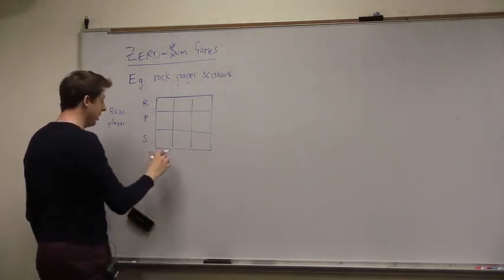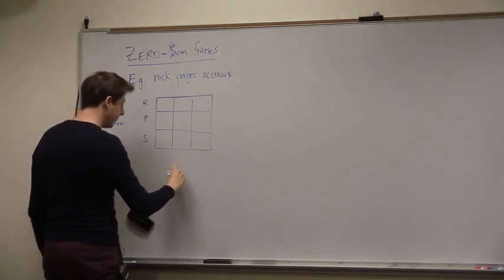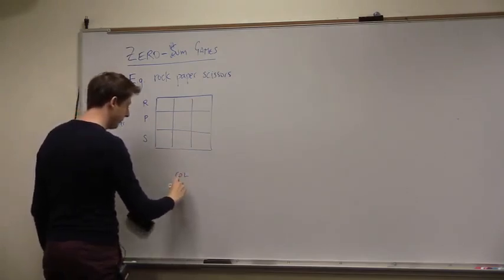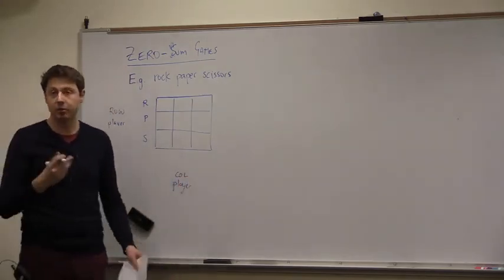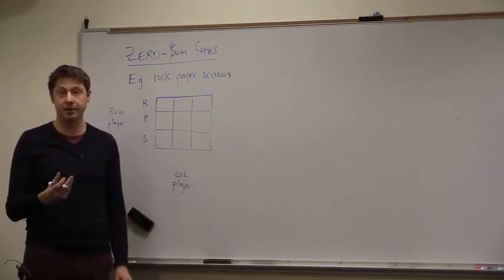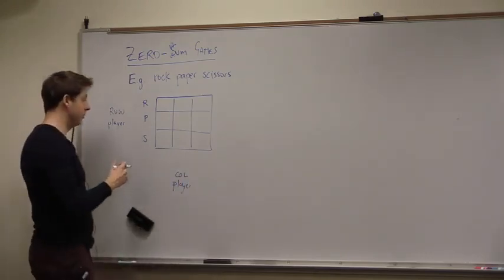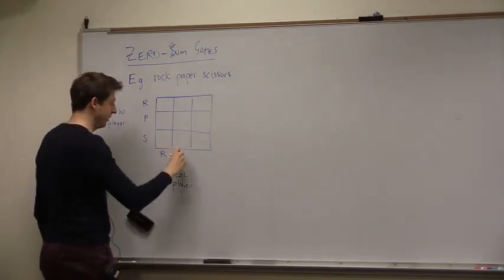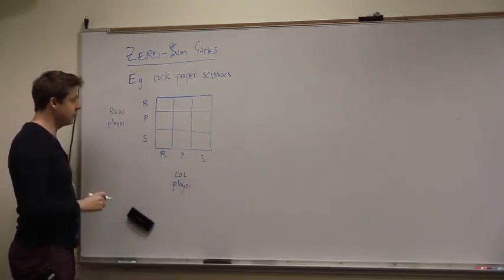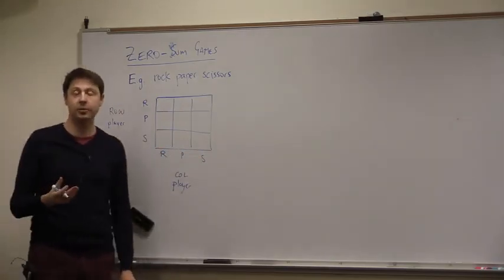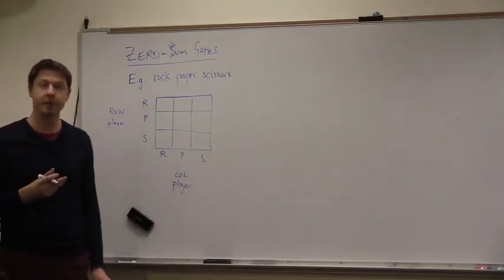Then we have the column player. And in this game, because this game is symmetric, they too have 3 actions they can take in this game. They have the same names: rock, paper, scissors. All right, so 3 rows and 3 columns. Now we have 9 cells. These are the 9 outcomes of the game rock, paper, scissors.